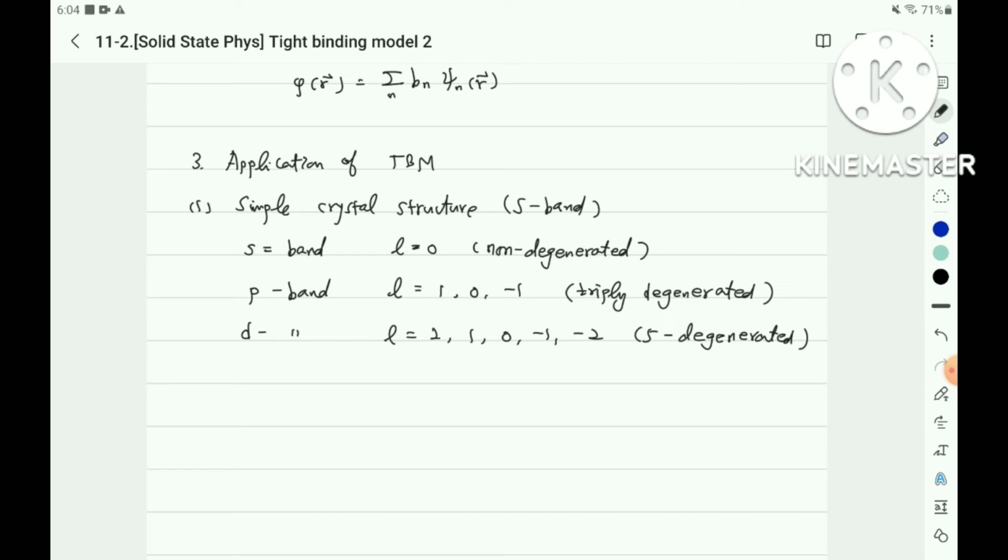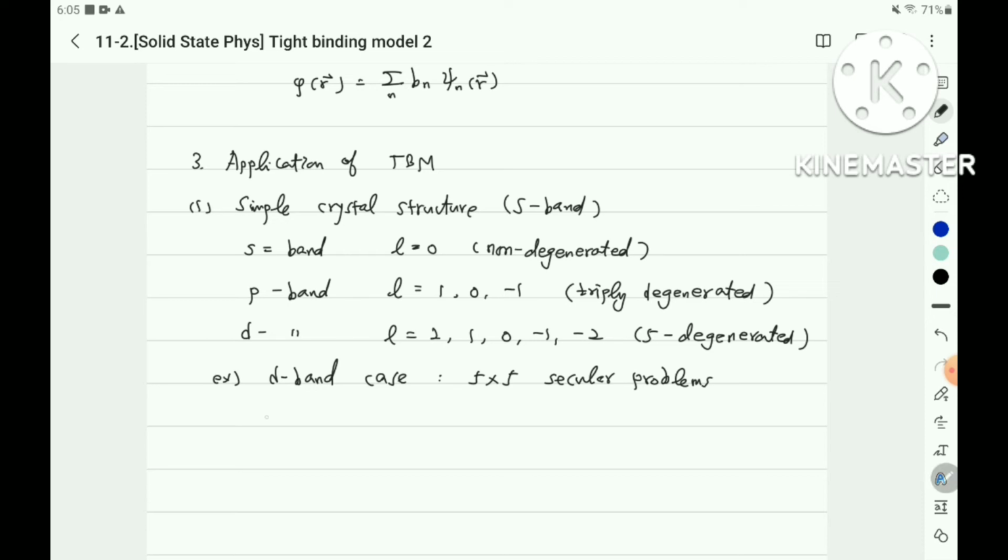For example, in the D-band calculation, there are 5 by 5 secular problems, because there are 5 degenerate states. And for the S-band and D-band together, the S-band is one non-degenerate level and the D-band has 5 degenerate levels, so there are 6 by 6 secular problems.